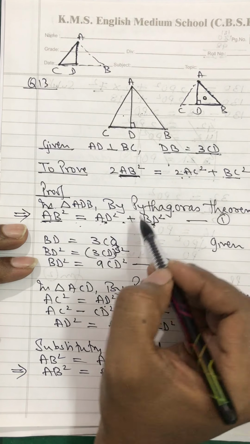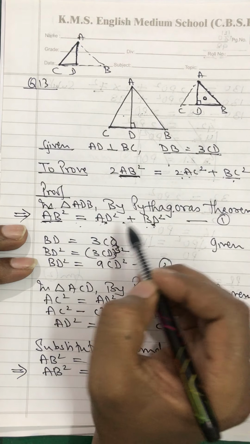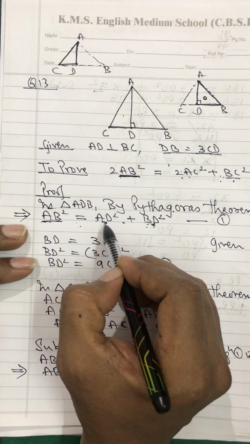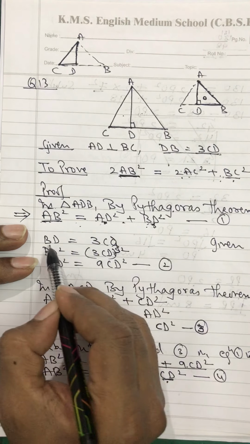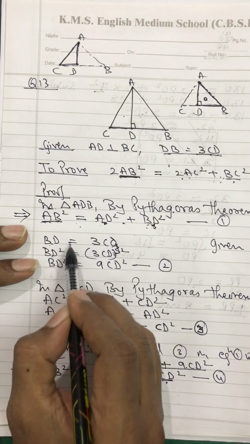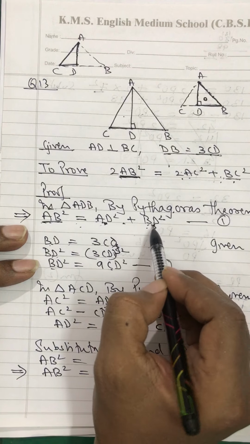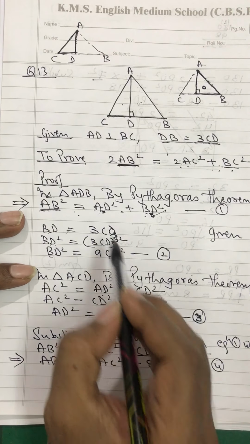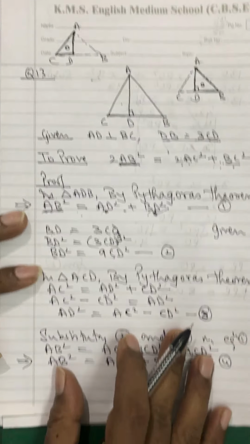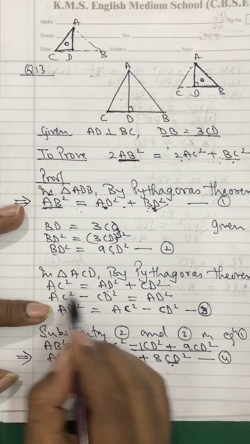I don't want AD square also, neither do I want BD square also. So that's why I went to find the expression for AD square and BD square. Out of this, BD was easily available because BD is equal to 3CD is given. BD is equal to 3CD, then BD square is equal to 9CD square. So that's why I got BD square. And then I went for AD square. For AD square, I went in triangle ADC. I applied Pythagoras theorem and I found the equation.